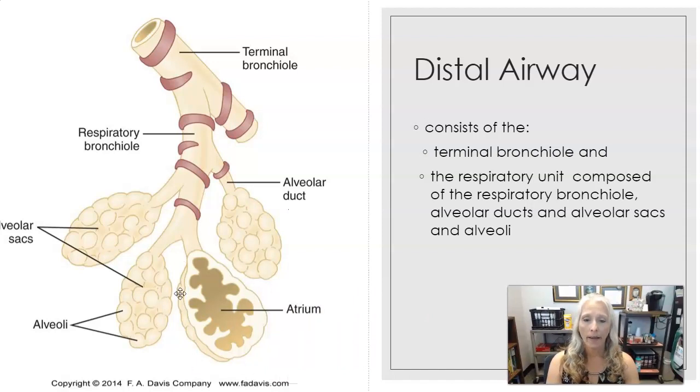Distal airways are made up of the terminal bronchioles, respiratory bronchioles, and then the alveolar sacs. This is where the actual exchange of oxygen and carbon dioxide takes place. Do recall that your airways have this smooth muscle, and some of the problems that we'll see with respiratory conditions has to do with the constriction of that smooth muscle.